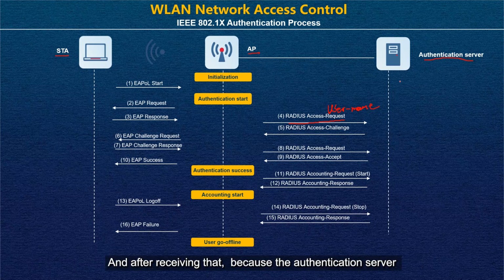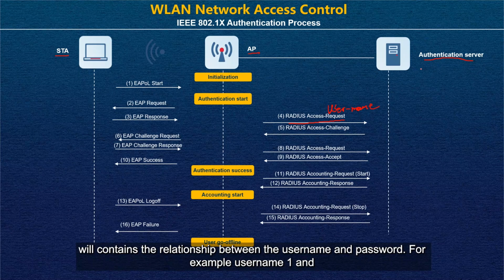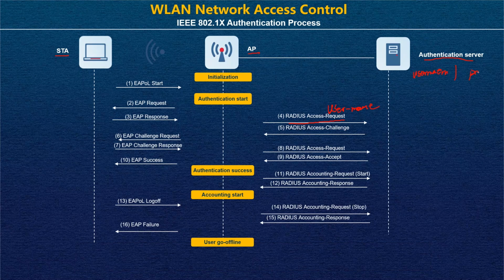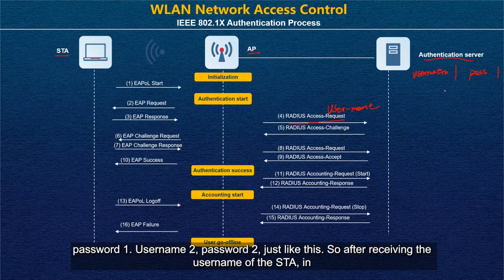And after receiving that, the authentication server will look up, because the authentication server contains the relationship between the username and the password. For example, username 1 and password 1, username 2, password 2, just like this.